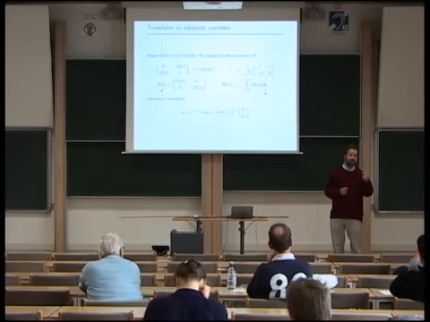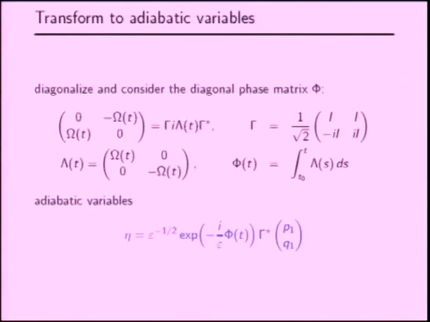But the analysis is not trivial. The analysis uses exactly the transforms that we have here. So you reinterpret the modified impulse method in these new variables, and then you can show that. But it's not at all clear what happens to the modified impulse method when eigenvalues almost cross.